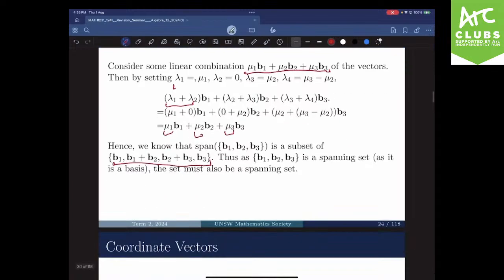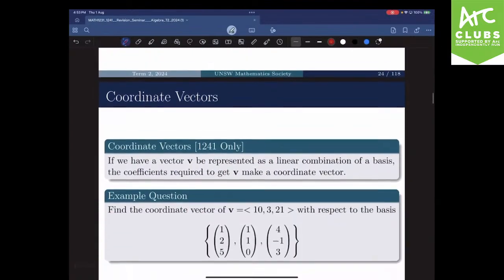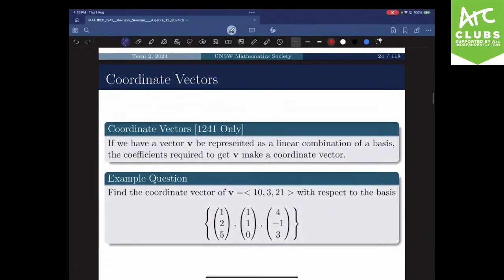Okay. So one last thing to touch upon, just coordinate vectors. If we have a vector v, which we can represent as a linear combination of a basis, then the coefficients required to make v make the coordinate vector. It's hard to show without an example, so we'll go through this one pretty fast. We want to find a coordinate vector of this vector with respect to this basis.